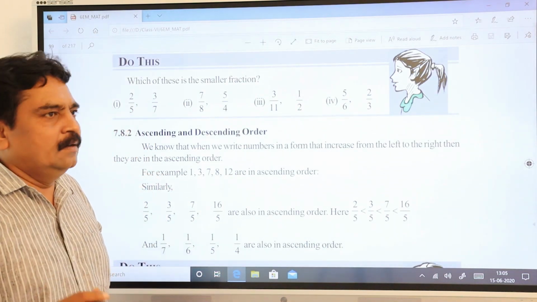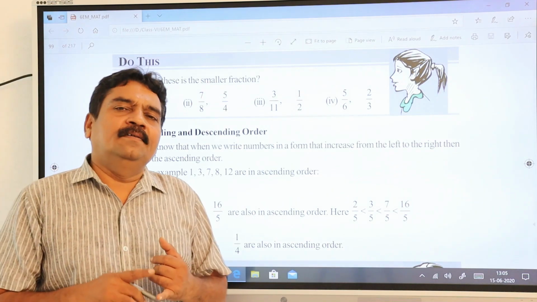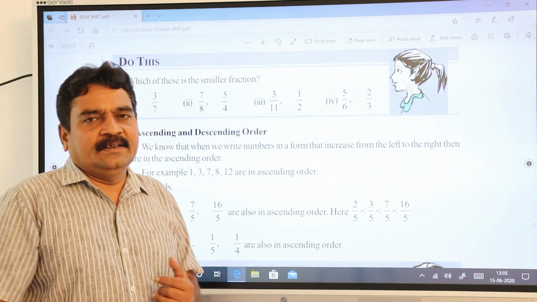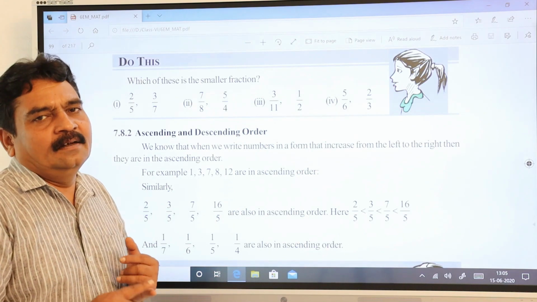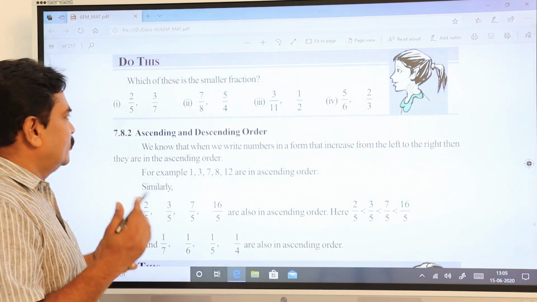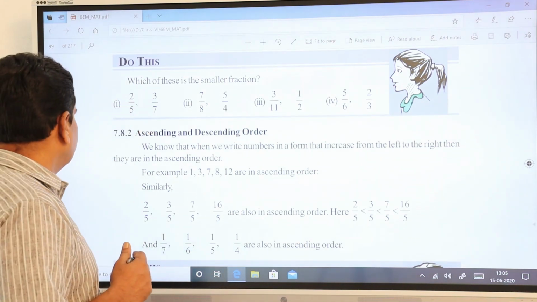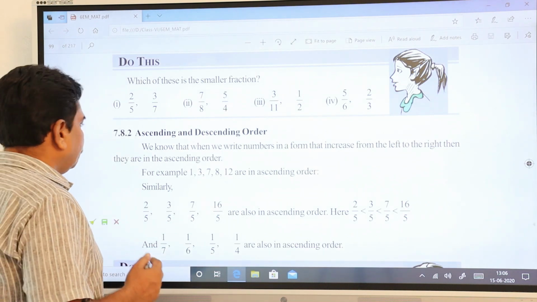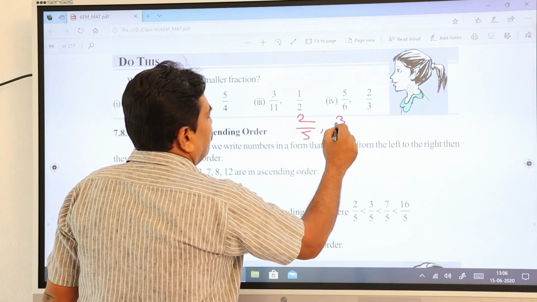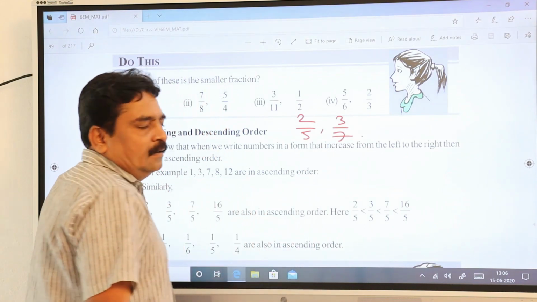For that you have to make like fractions first. So how are you going to make like fractions? Let us do 2 by 5, 3 by 7. I'll do it here.